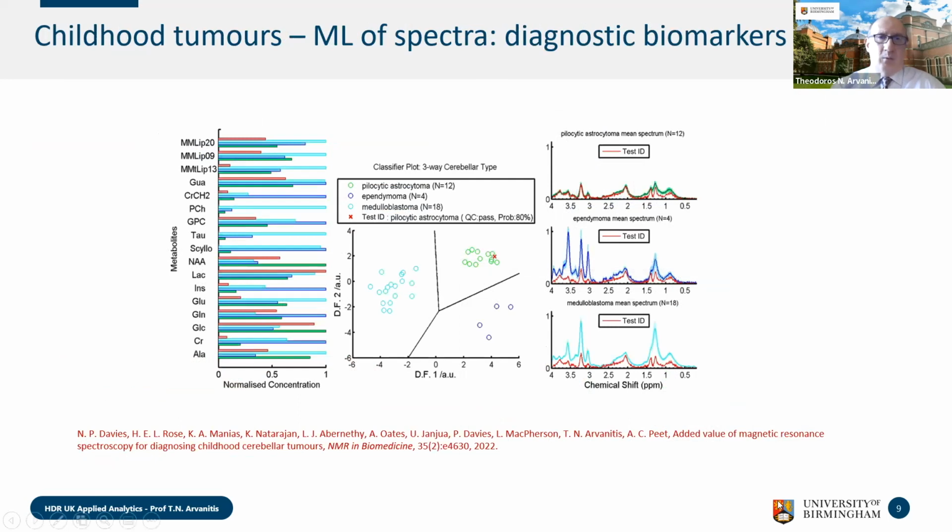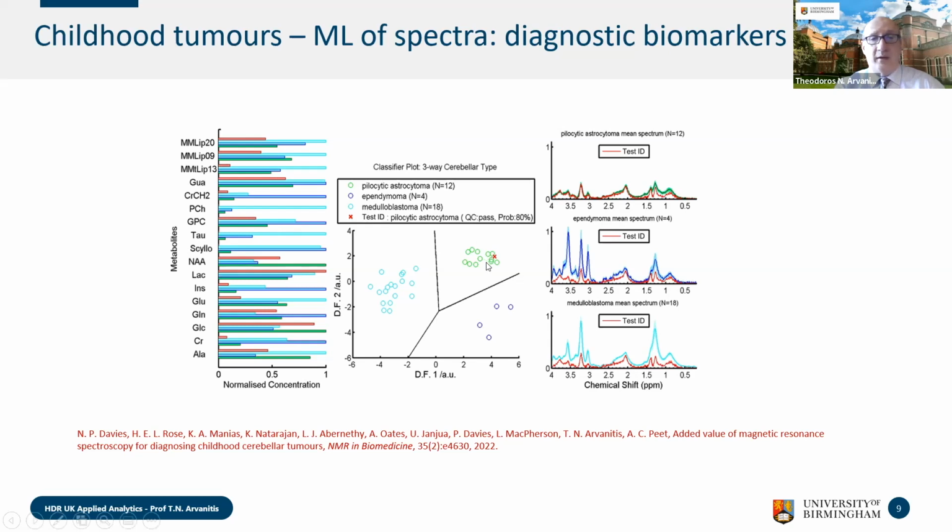But the early work we have done in terms of using AI as part of this quantitative approach to characterize tumors was on the value of the diagnostic approach we take with childhood cerebellar tumors.